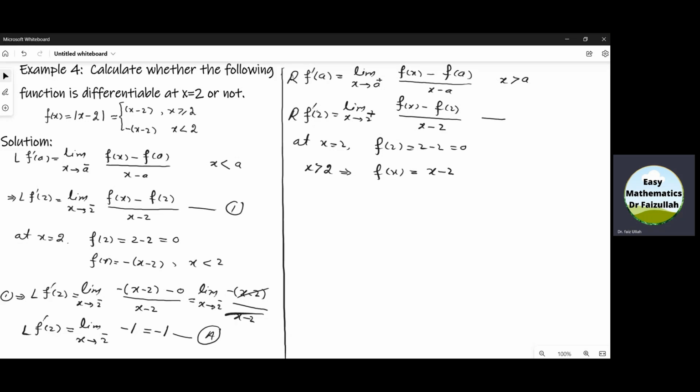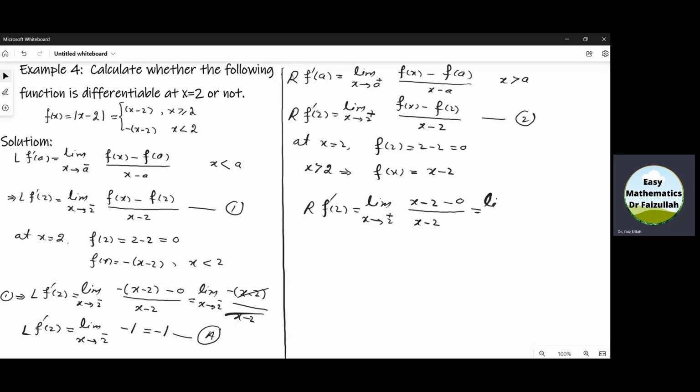So let us substitute these values, and we have R f dash of 2 is equal to the limit as x approaches 2 plus of x minus 2, minus the value of f of 2, which is 0, divided by x minus 2.